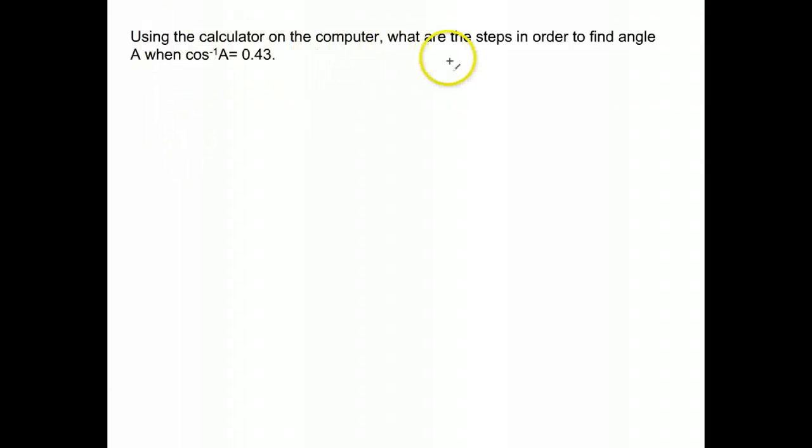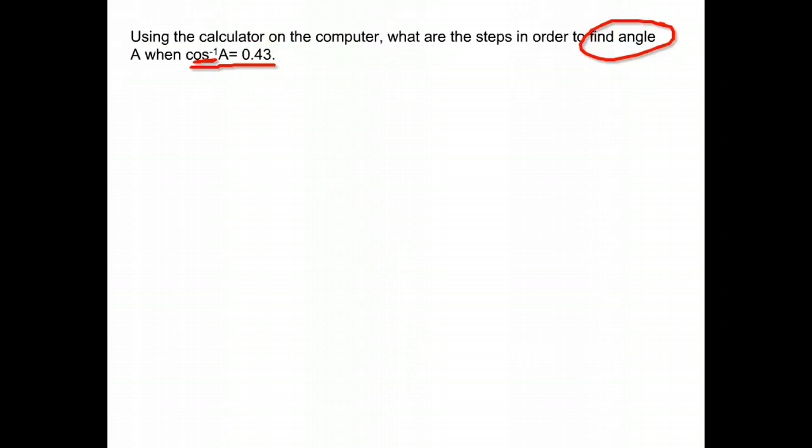Using a calculator on the computer, what are the steps in order to find the angle A whose cosine is 0.43? Again, we're trying to find an angle. We're dealing with cosine here.